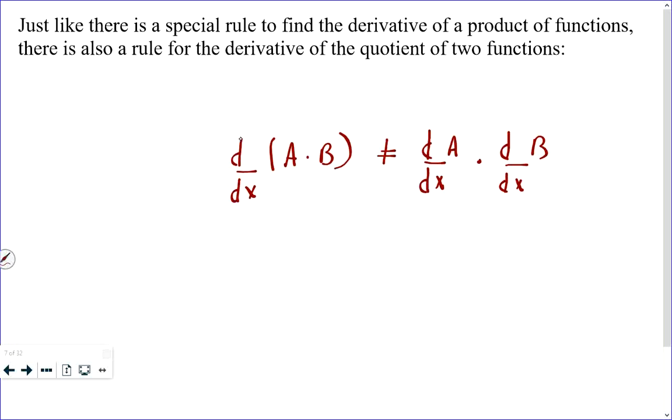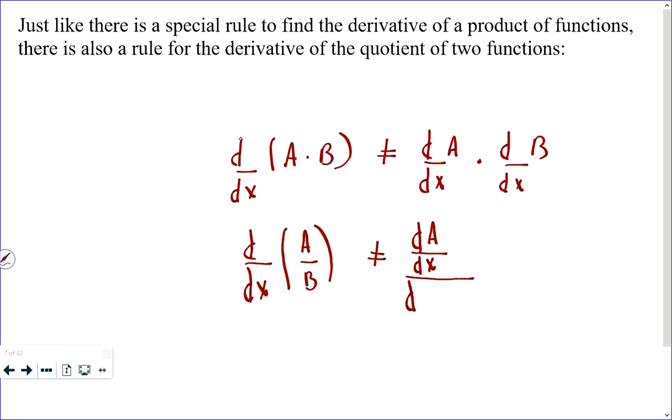And just like the derivative of a product is not the product of the derivatives, the derivative of a quotient is not as simple as just taking the derivative of the numerator over the derivative of the denominator. There's a special rule for that.